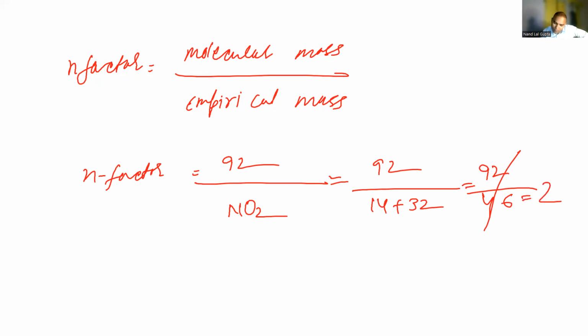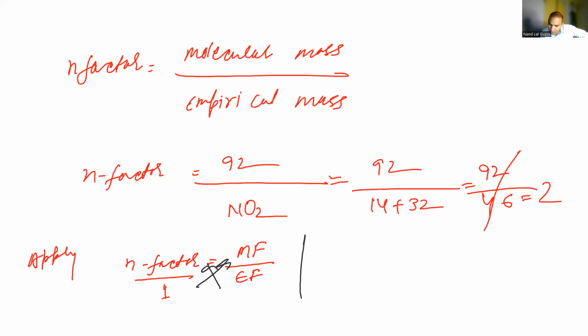Now we are going to apply the second formula. N factor is equal to molecular formula upon empirical formula. If you cross multiply, molecular formula is equal to n into empirical formula.